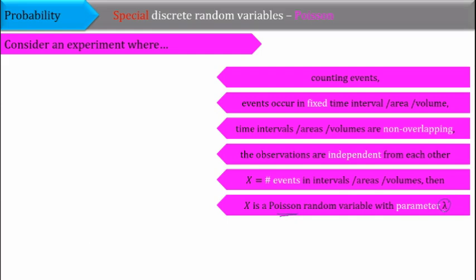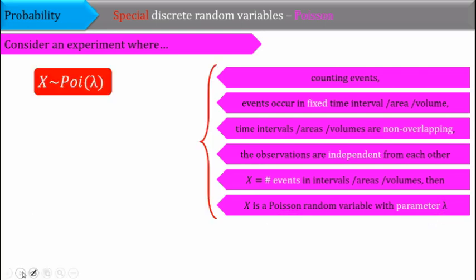Now this parameter lambda, we'll see in a moment what it means. So, if we have an experiment that satisfies these properties, and we let X be the number of events, then we can say X is Poisson. We'll denote it using this notation where X tilde, or this little wavy sign, POI, which stands for Poisson, and then the parameter lambda.